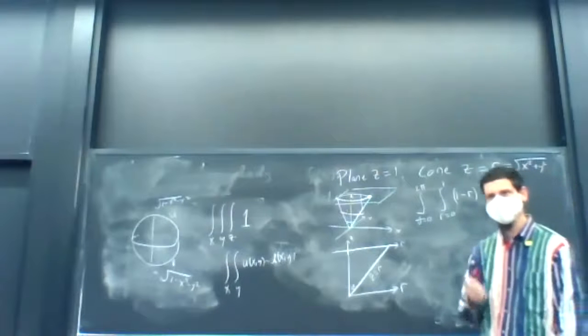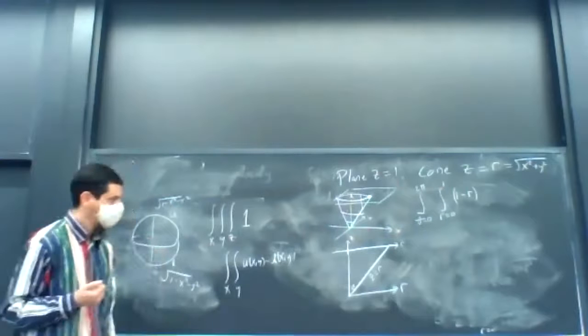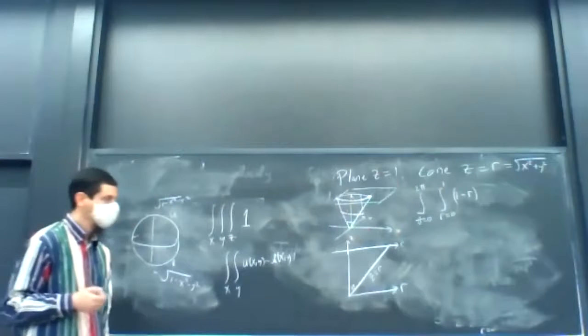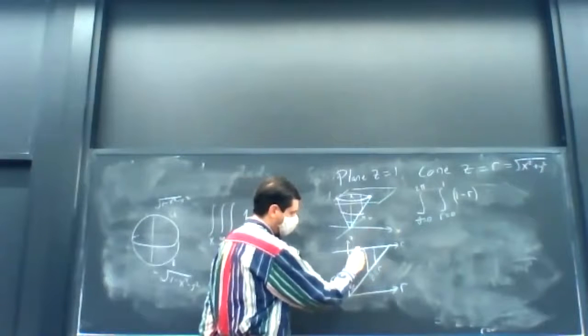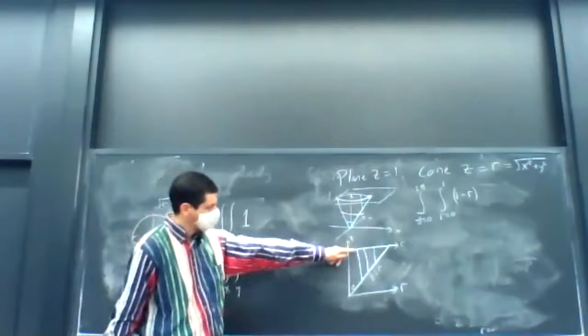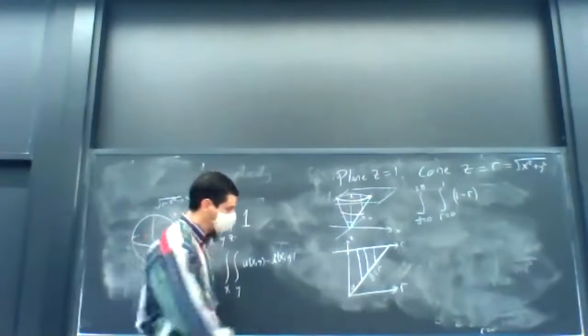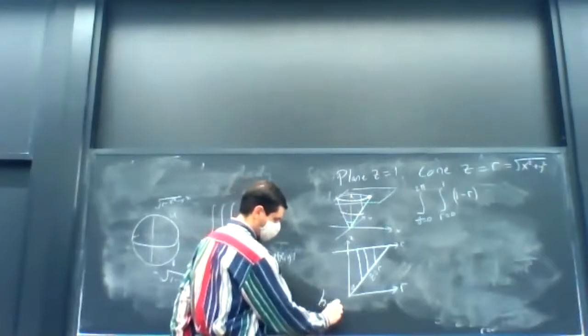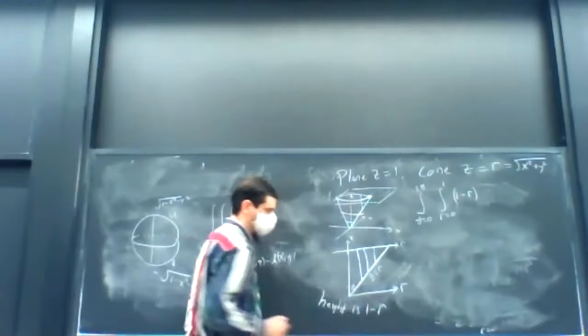If we're drawing a picture for ourselves, we can definitely do things in degrees. It's 45 degrees. And so when we want to calculate what is the height, it starts at 1, and it goes all the way down to the line z equals r. So the height is just 1 minus r.